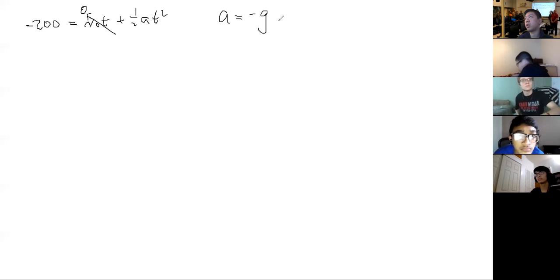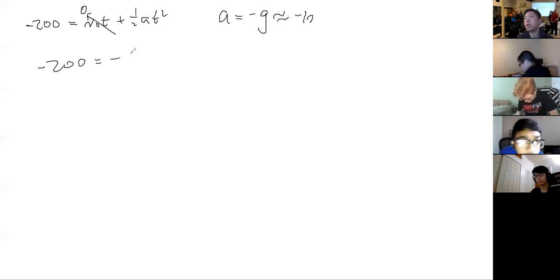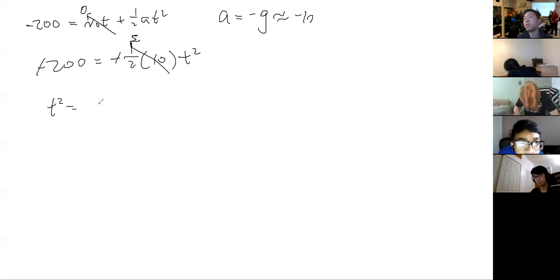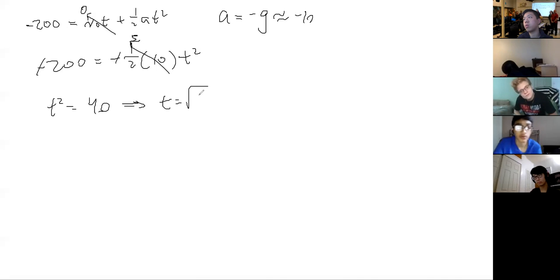So a is equal to negative g, which is negative 10. So negative 200 is equal to negative half times 10 times t squared. So negatives cancel, and this comes out to 5. And then 200 divided by 5 is equal to 40. That means t is equal to the square root of 40, which equals 2 root 10, which is about 6.